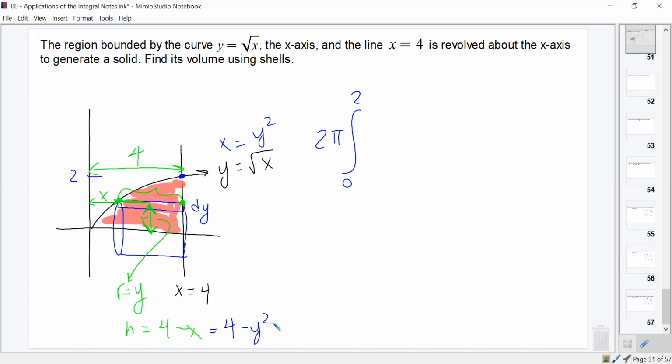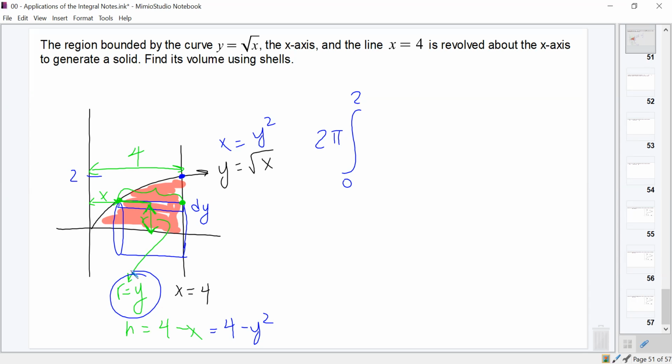So our radius here of our cylinder is just y, and that will always be the case when you're revolving around the x-axis. Your radius should always be y. If you're revolving around the y-axis, your radius should always be x.